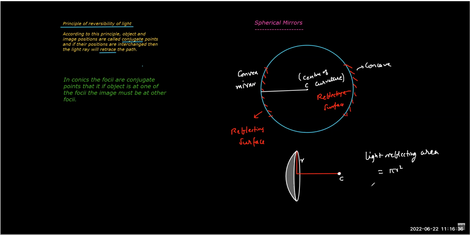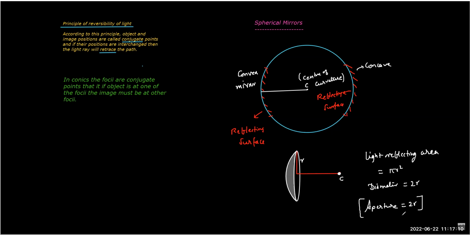So what is the diameter? We can say the diameter is 2r. Now the diameter is the longest linear dimension of the light reflecting area, and the longest linear dimension of the light reflecting area is called aperture. So this is called aperture.